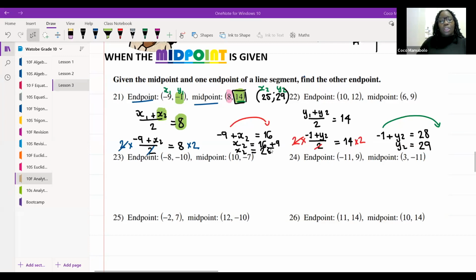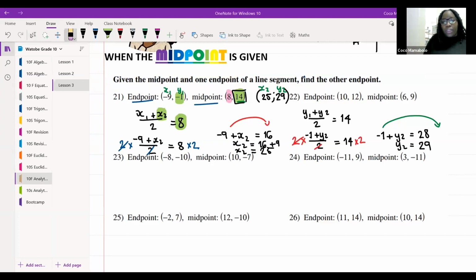Tato, are you with me? Ma'am, yes. I'm kind of confused. Are we trying to find the midpoint or one endpoint or the other? We're trying to find the one endpoint. They give us the midpoint and we must find the other endpoint.